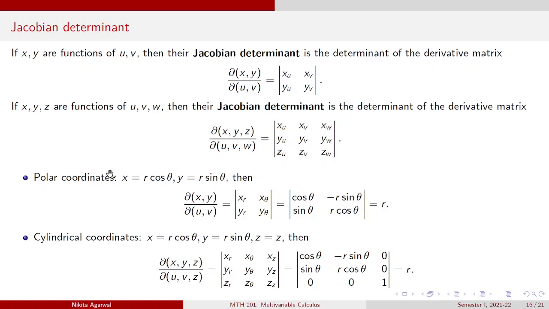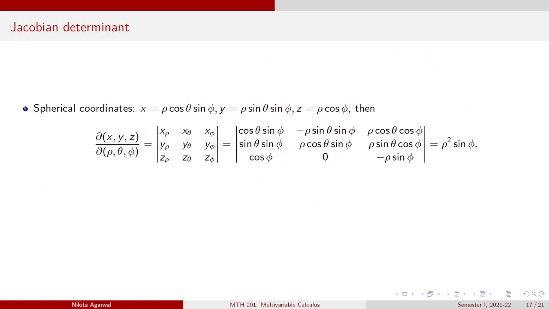So in the case of both polar and cylindrical coordinates, you are getting r as the Jacobian determinant. Now let us look at spherical coordinates. In spherical coordinates you have to do a little bit more computation, but the determinant comes out to be rho squared sine phi.